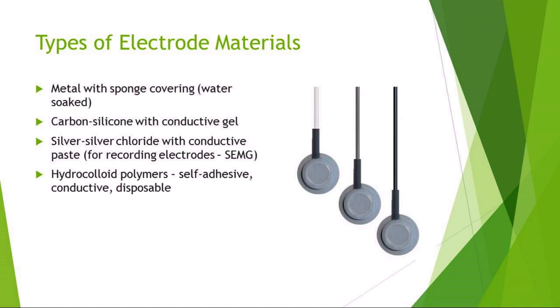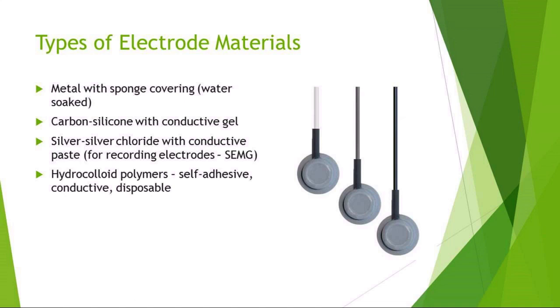So electrodes are made of different materials. You could have metal with a sponge covering, and the sponge has to be water soaked because a sponge is not very conductive, but water is. You can have carbon silicone with a conductive gel. So the metal and the carbon silicone with the conductive gel, those are both sterilizable and reusable.